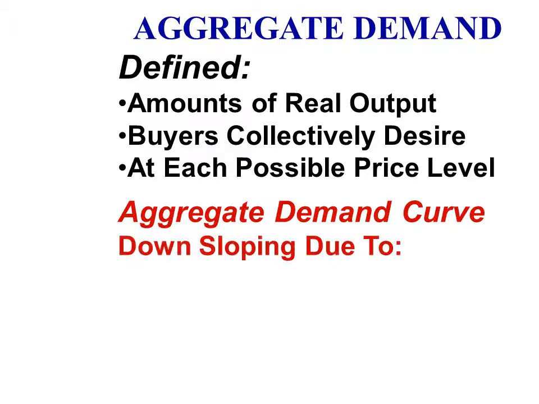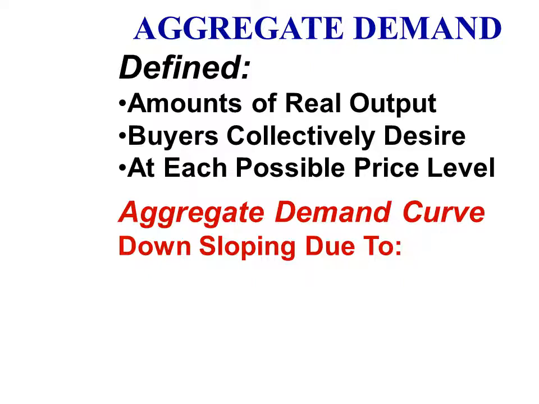Our aggregate demand curve, as we just saw, is downward sloping, but it's not downward sloping for the same reason that a single market demand curve is downward sloping. When we studied single markets, we talked about the income and substitution effect. The income in the general economy varies with the level of output. So if we produce more, society has more income.